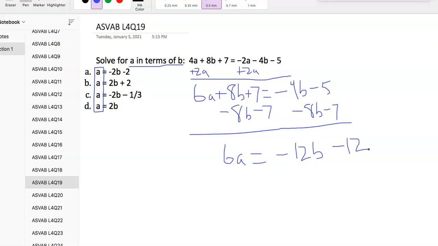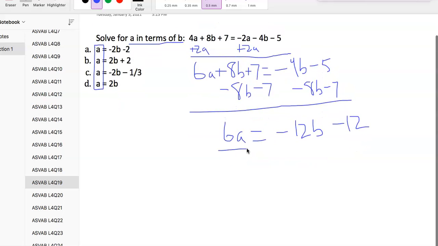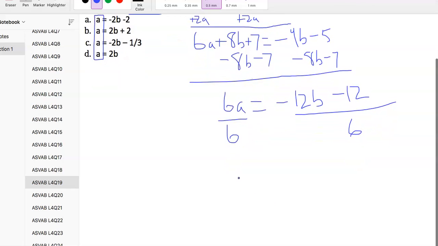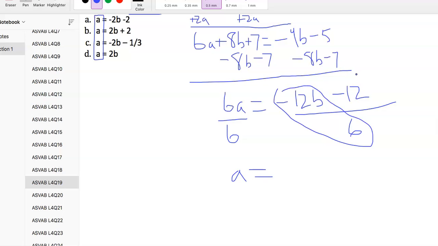Okay, now it's starting to look a little more manageable. Divide by 6, just to get that A by itself. Divide by 6. Then we're going to divide these, and then we'll be done.